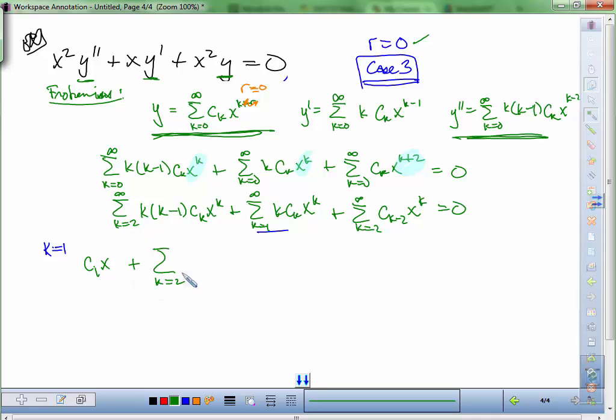Everything else now I can put into one summation sign. That would be k minus 1 ck, plus k ck, plus ck minus 2, times x to the k.